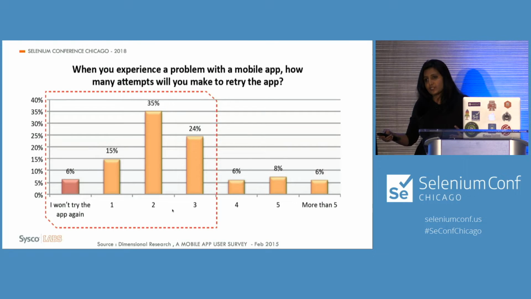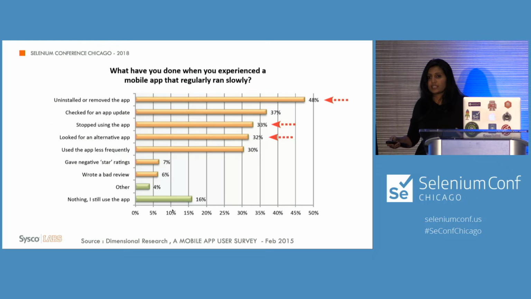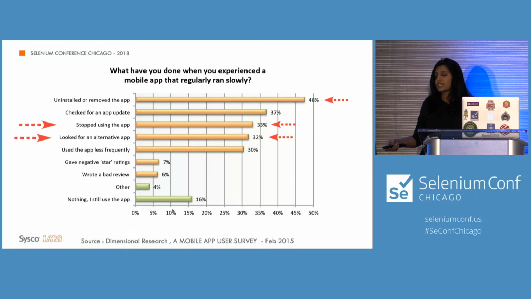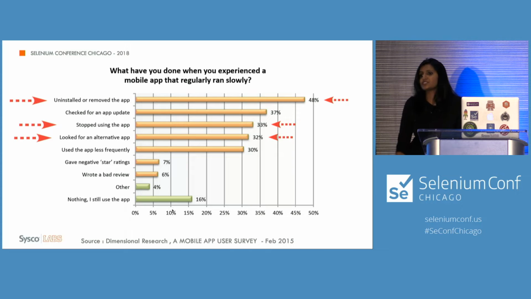If your app is super slow and draining your battery, end users just move on. If you have a competitor, that's it, they're just going to move on. They either stop using it and leave it lying there in the mobile, or just uninstall the app and move forward. So this is basically the issue, and we need to start looking into this.